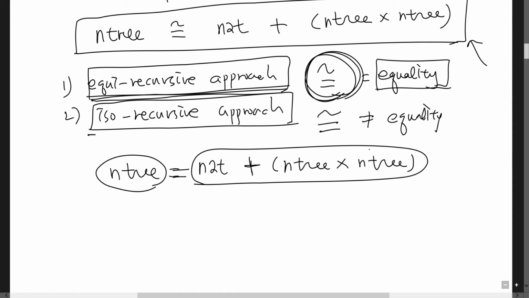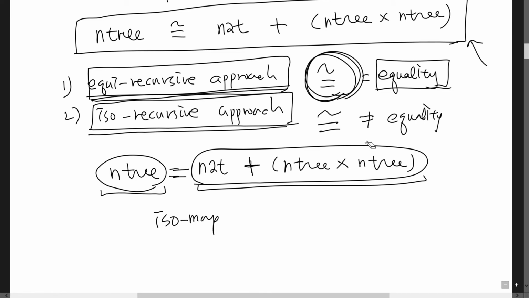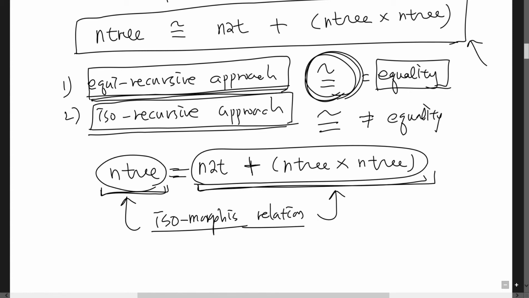So in the case of the iso-recursive approach, this type, net3, and this sum type are not equal, but they are isomorphic in some sense. Or there is some isomorphic relation between this recursive type and this sum type. So what that means is that although these two type expressions are different, they are not the same, they have the same structure essentially. So therefore, you can convert one to the other.